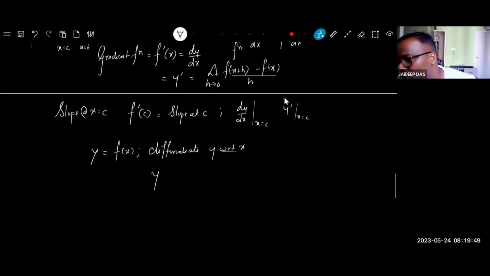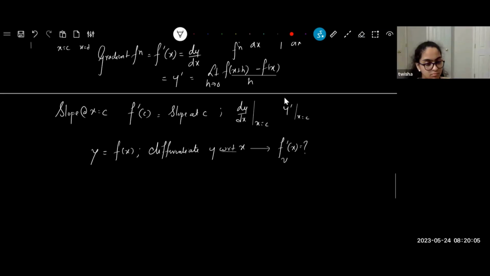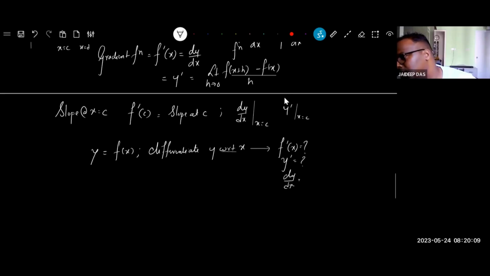You're trying to find out, differentiate with respect to x means they're asking you find out what is f dash x, or find out what is y prime, the same thing, or find out what is dy by dx. They're asking you the same thing. That means dy by dx is also known as the derivative of y with respect to x.